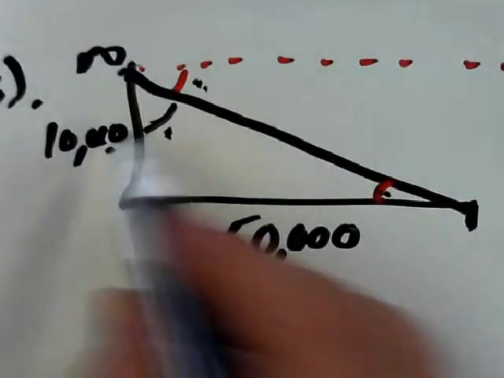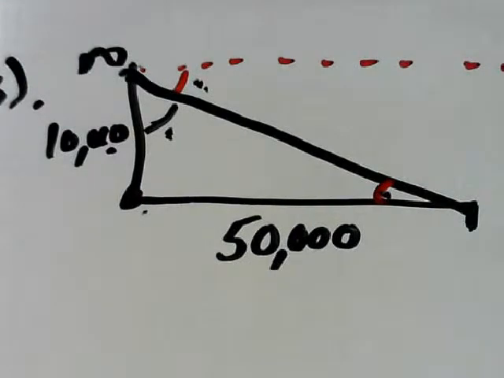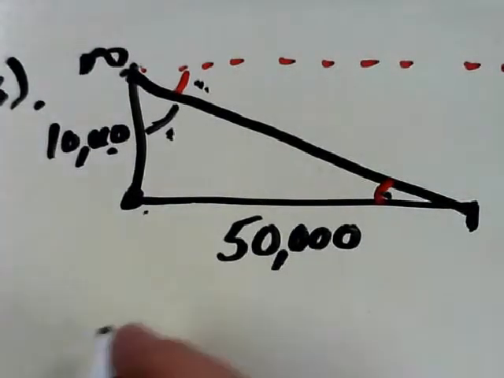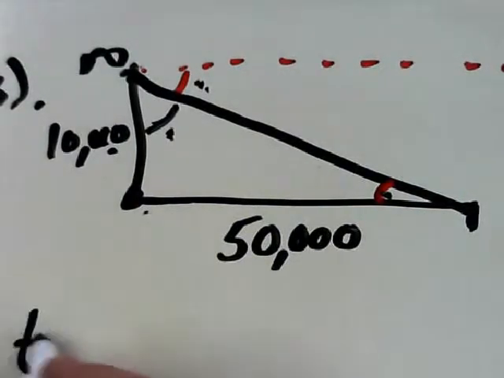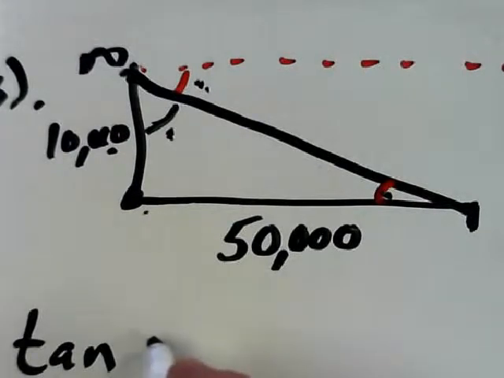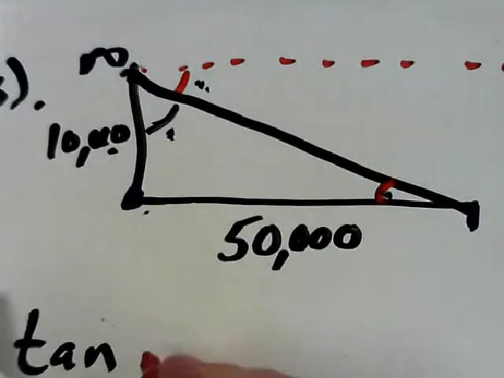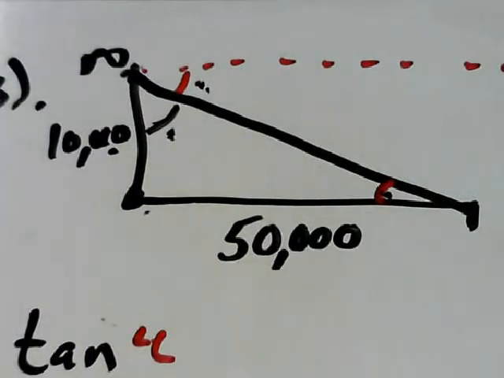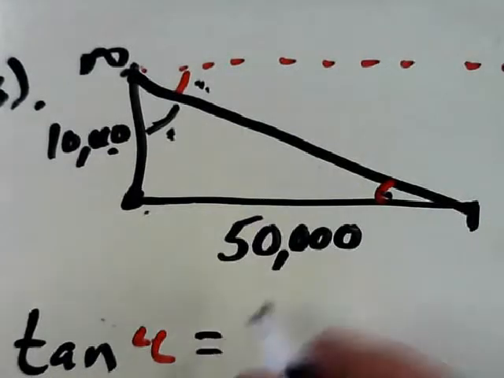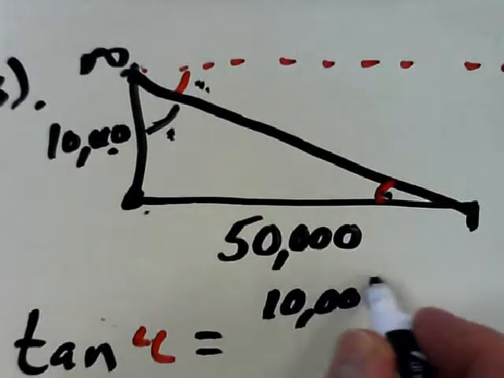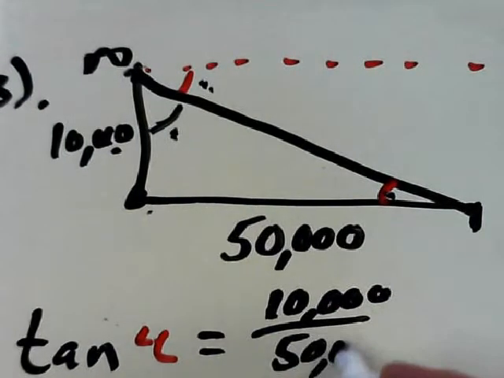How does this side relate to that angle? So what's opposite and adjacent? So I'd have the tangent of the red angle equals 10,000 over 50,000.